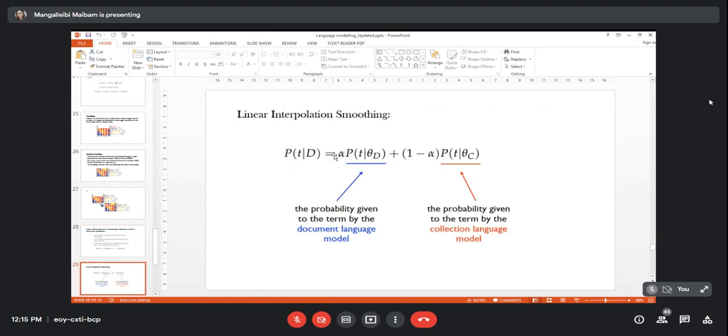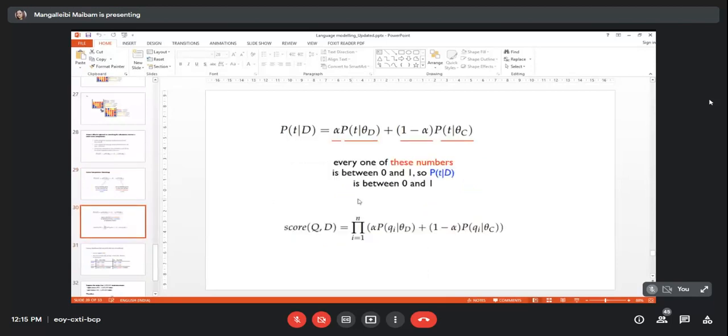So in linear interpolation smoothing, you can see the probability given to the term by the document language model, and this part is the probability given to the term by the collection language model. So this probability is associated with the entire collection, and the first probability is associated with the document language model.